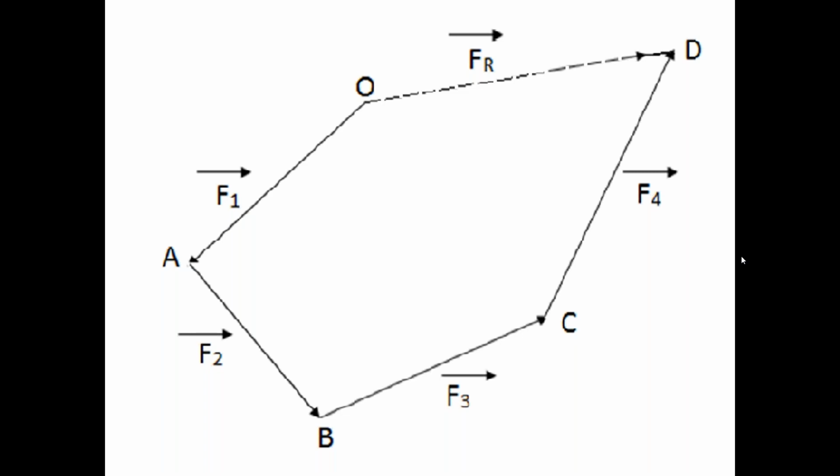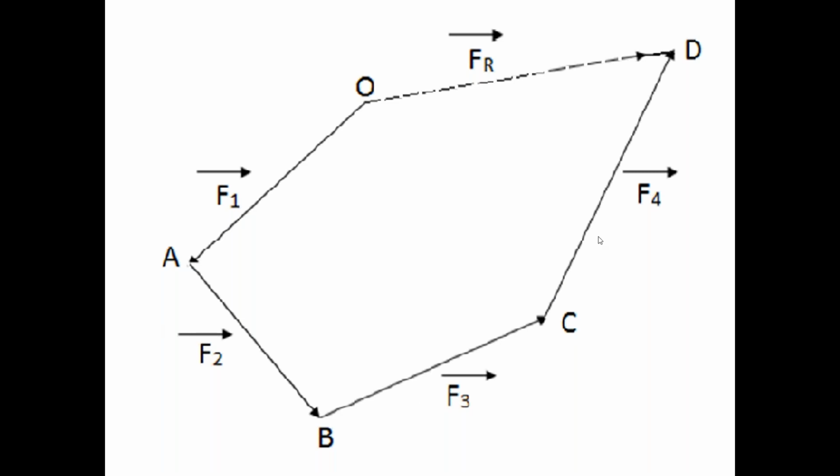Okay. Dear students, please understand this polygon law of forces. In the polygon law of forces, we are considering the forces acting on the rigid body, F1, F2, F3, F4. Four forces are acting on the rigid body.